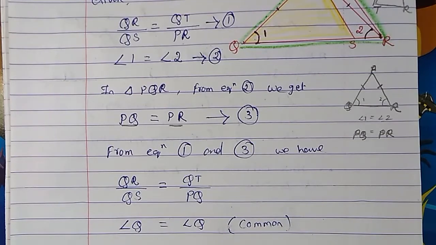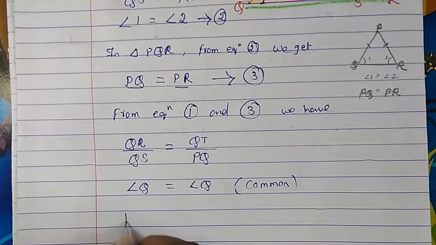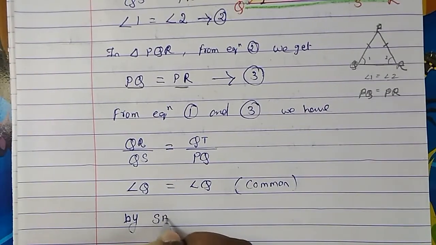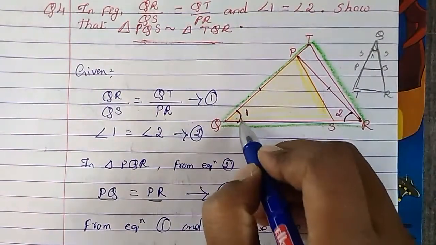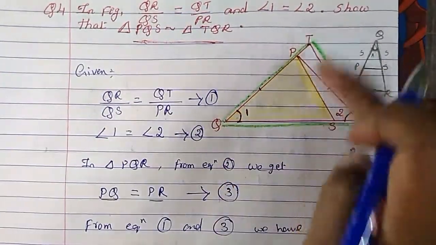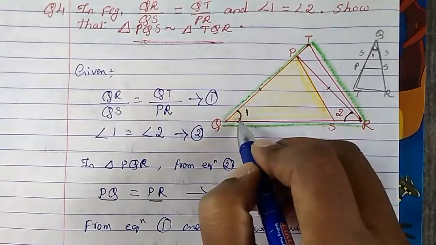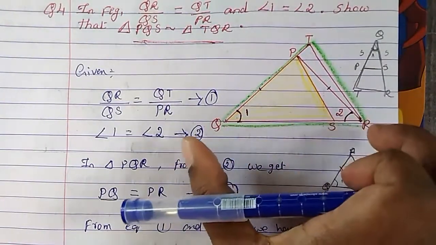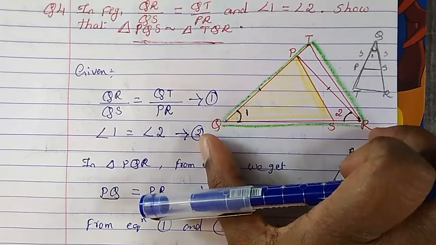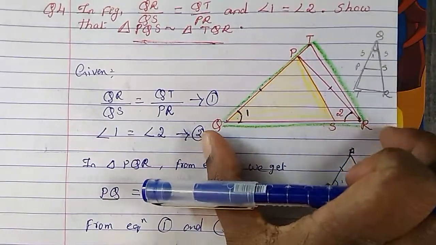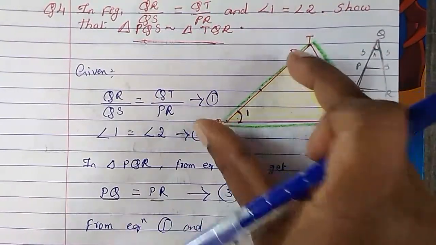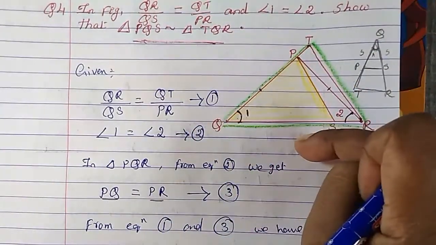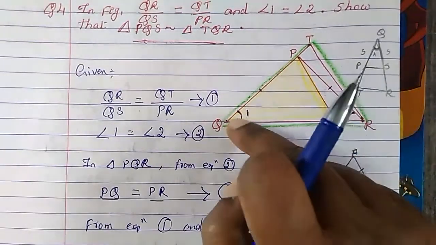Okay, so now can we say that by side, angle, side, because we have that only, right? The angle is common for this green color triangle and small yellow color triangle. Q becomes common, and then we have proved the ratio also, that QR, big green color side, upon QS, then QT upon QP, ratios are also equal. So both are equal and the angle also is equal.